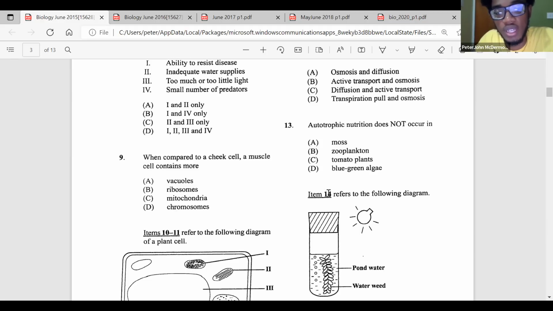But honestly, we don't have to look at the next answer, chromosomes, because all the cells in your body, cheek cell, muscle cell, all cells in your body, except for your egg and your sperm, the gametes, they all contain the same amounts of chromosomes, right?